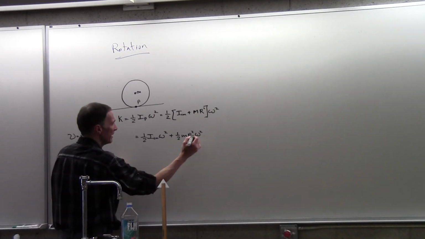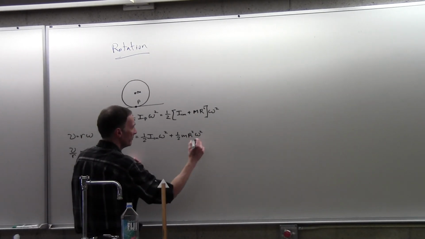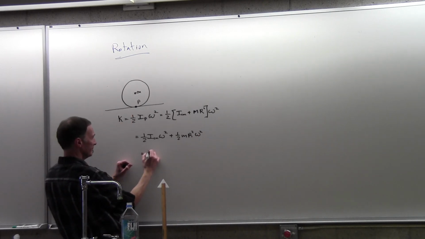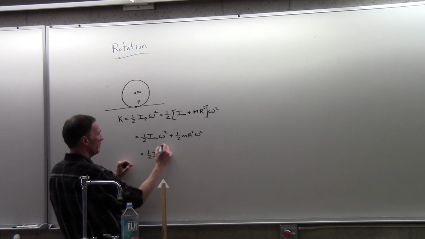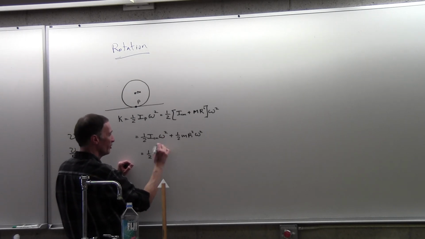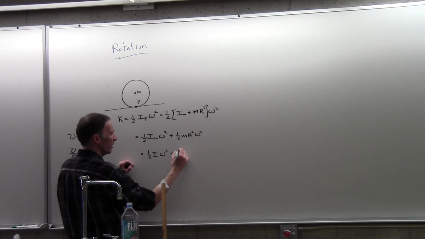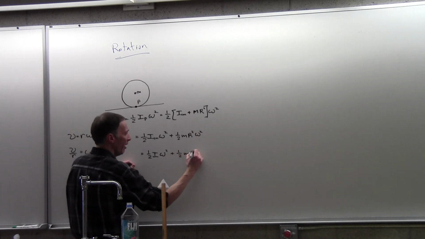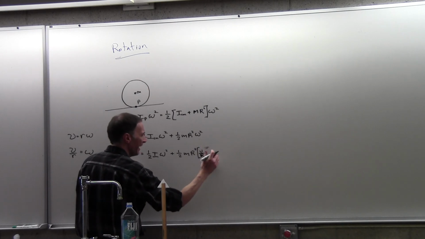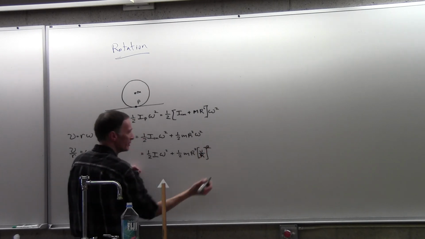And if I put that in here, 1/2 I. Well, let me do it for, I want to leave this as omega. I could make the substitution there, but I want to make a point, 1/2 m r squared, and then this is going to be v squared over r, v over r squared.